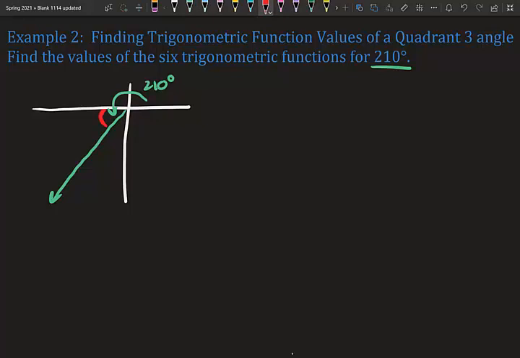Since we're over 180, we need to know how much we went over 180. So our reference angle is our theta, 210 minus 180, and we get our reference angle is 30 degrees. So this is 30 degrees. If we finish off our triangle, this is 90 degrees because it's perpendicular to the x-axis.